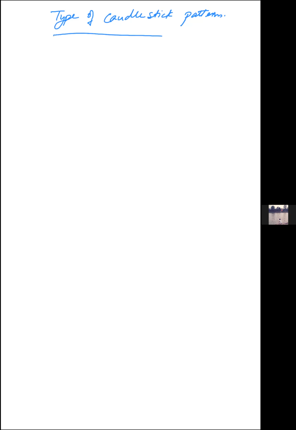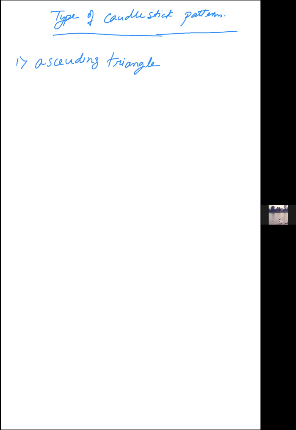I'm going to tell you some of the basic patterns that you will always see on charts, and you can always trade on them, keeping a good risk to reward ratio. Our first pattern is called ascending triangle.